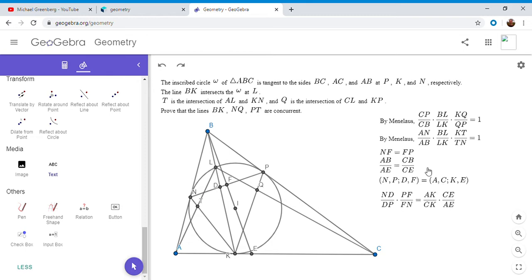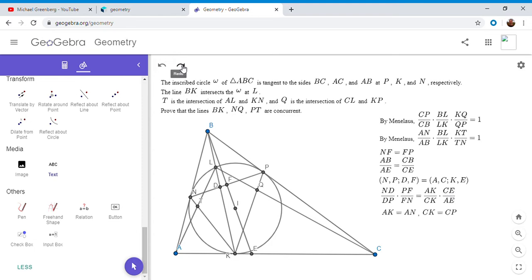And so if we want all the algebra to cancel, we're going to want to use that fact. So we have AK is equal to AN, and by the same logic, CK is equal to CP because they're both tangents. And we want to use that fact because when we do all the algebra, we want this CK to cancel with this CP. And now we really have all the equations that we need for everything to cancel nicely for Ceva's theorem to work.